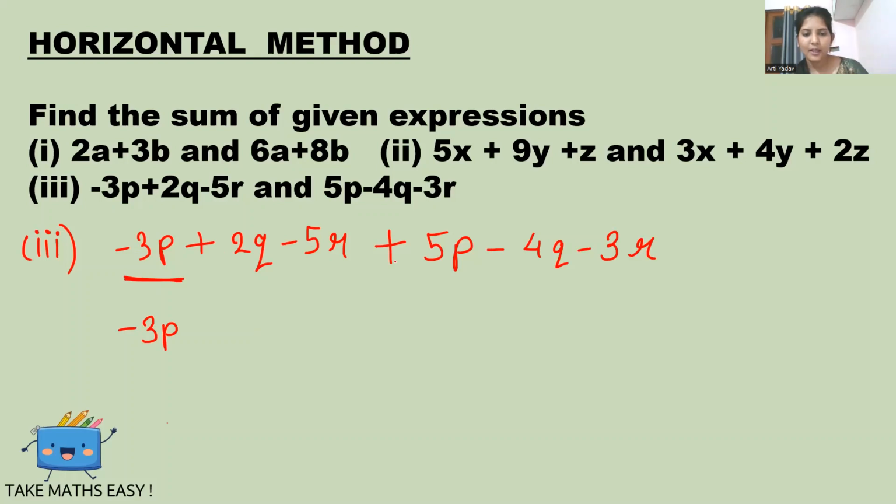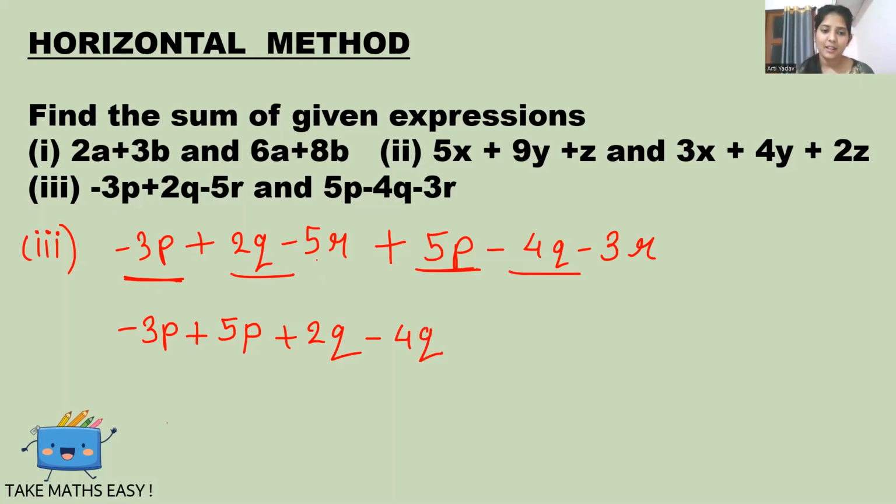Is there any p? Yes, here it is, positive 5p. So always remember we will write it with their sign. So positive 5p, and then positive 2q is here. Is there any q? Yes, so minus 4q. I'm writing them with their sign. Then minus 5r and then minus 3r. Okay, so I have written this. Now I will solve it.